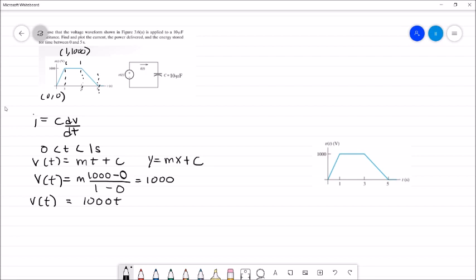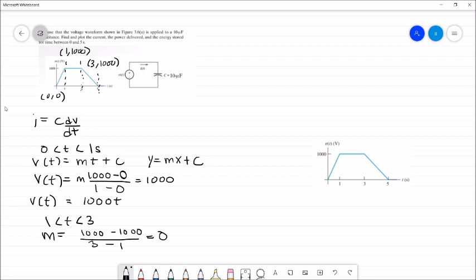Then for the second interval, which is from 1 to 3, we can determine the slope m. Here is 3, 1000, and 1, 1000. So 1000 minus 1000 is 0.